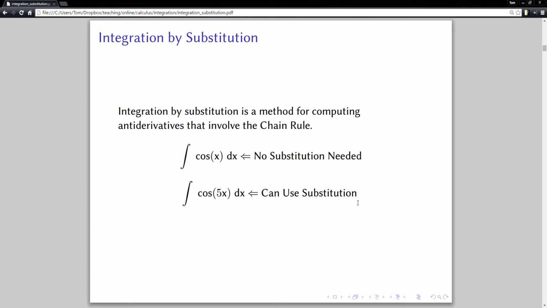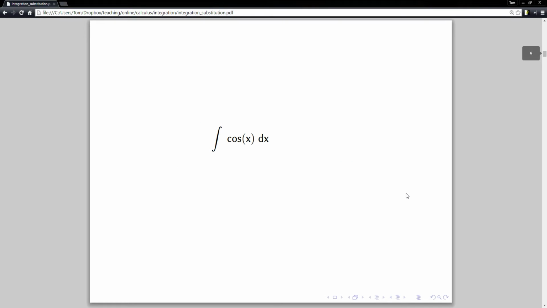So let's take a look at these two integrals. We're going to compute this first one, which is one of the basic facts. Then we're going to compute the other without using substitution, and then using substitution, just to give you an idea of what the substitution method is all about. Here we have cosine of x. We just want some function whose derivative is cosine, and we all know that is sine of x.